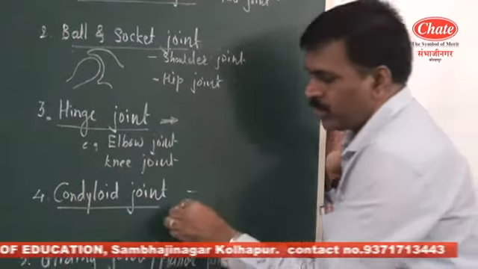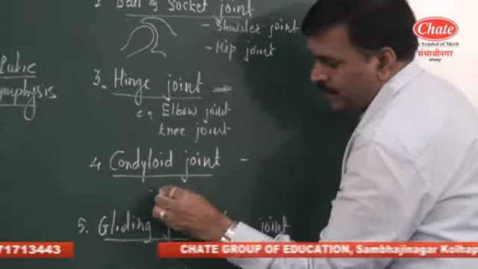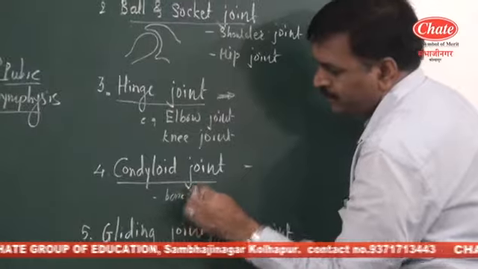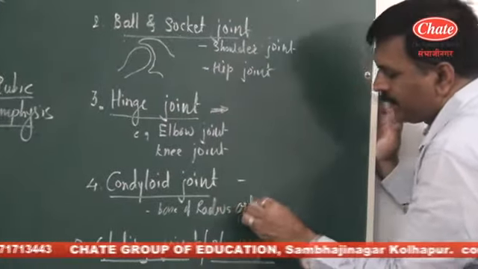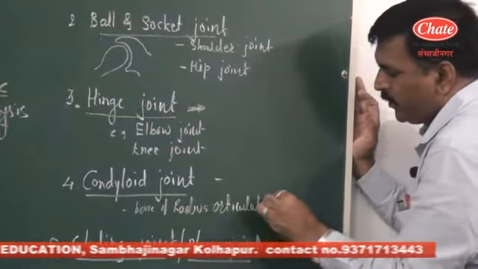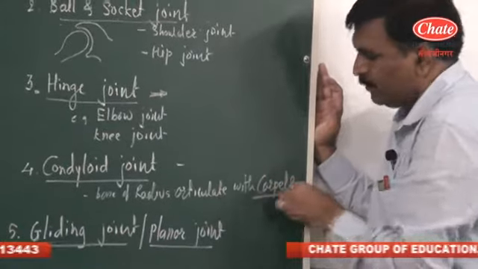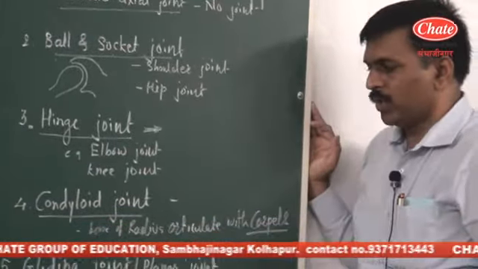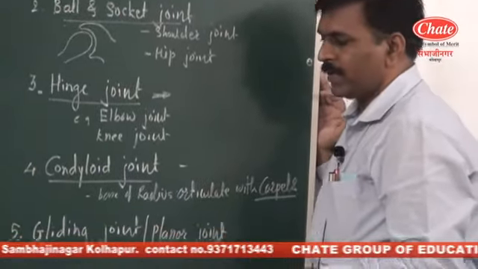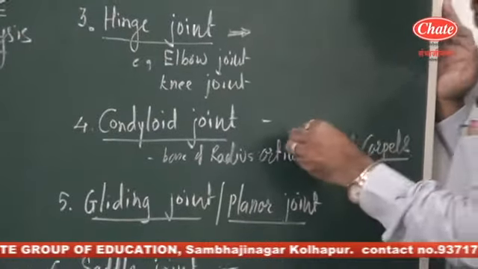Then the condyloid joint, present in the wrist, where the base of the radius articulates with the carpal bones in the wrist region and forms the condyloid joint. So the condyloid joint allows bidirectional movement, forward, backward, anterior, posterior.